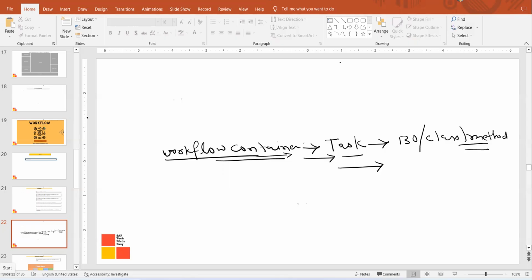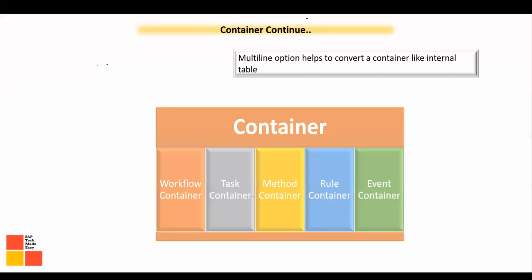Let's suppose you have to save some data into the database, or set some flag into some database, so any kind of database update, if you want to do it with the help of the container value, then you have to transfer that data into this class method or business object method. So that part I will show you with the help of one example under the practical session. Okay, fine. Let's go ahead and see.